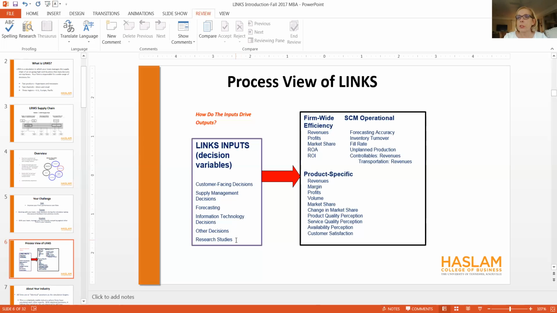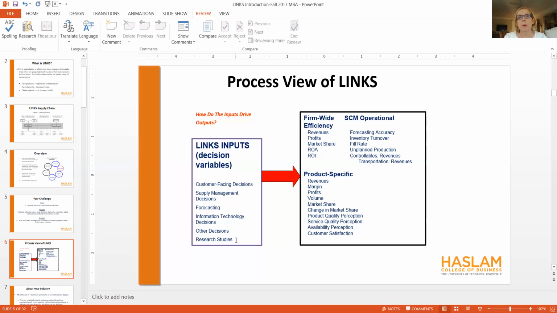We also have research studies that are available as a part of the simulation, and there's quite an array of them. I would say this as a word of advice. We have yet to have a firm win the simulation, winning being that they end up with the highest score across those 14 metrics, that does not avail themselves of the research studies.